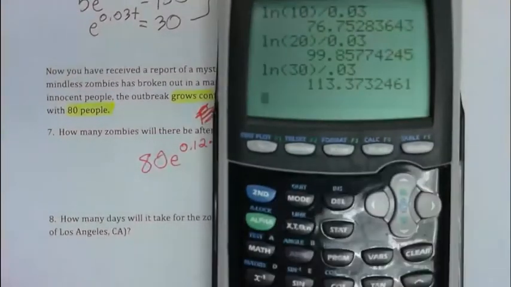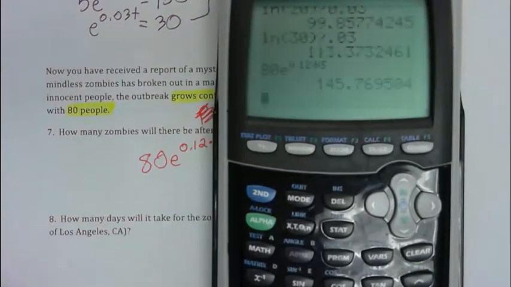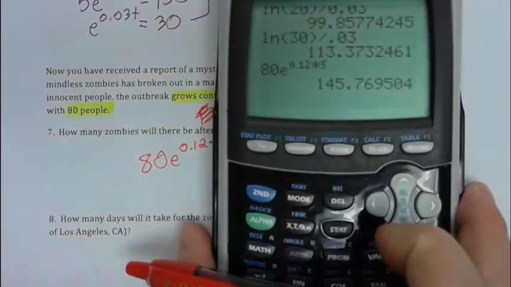So grabbing our calculator, 80 e to the 0.12 times 5. So we got 145.77.